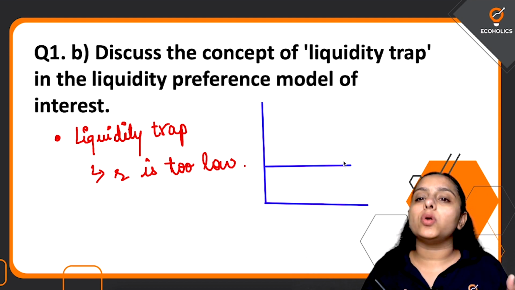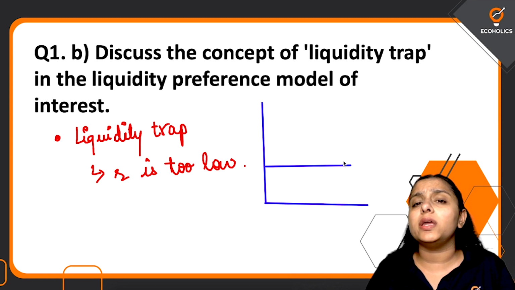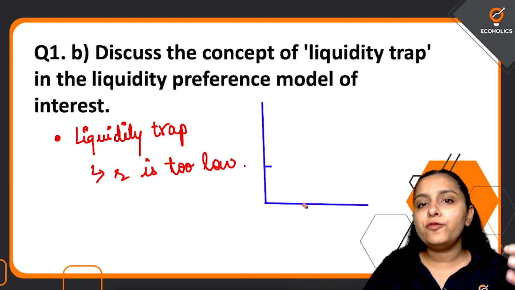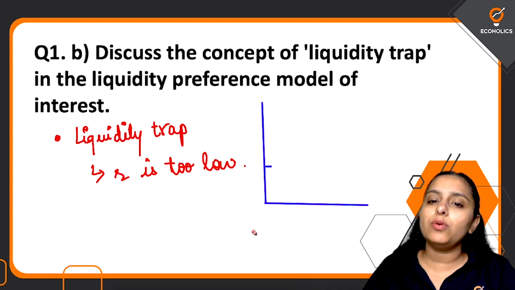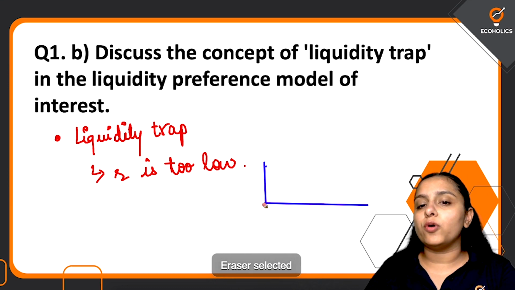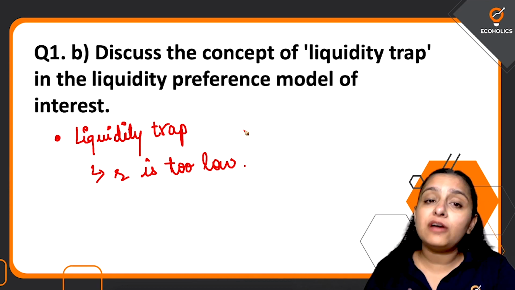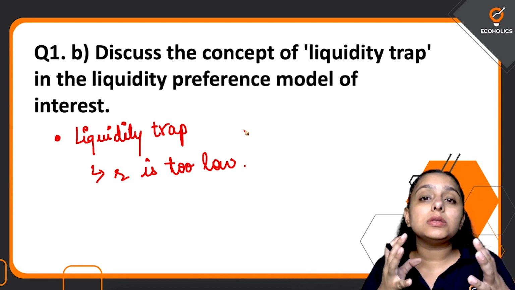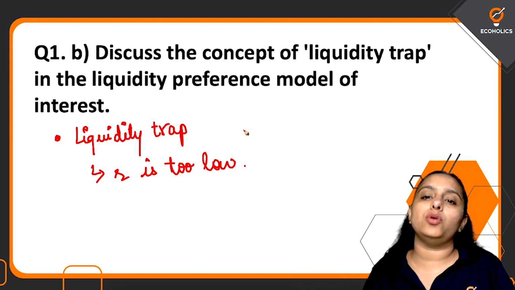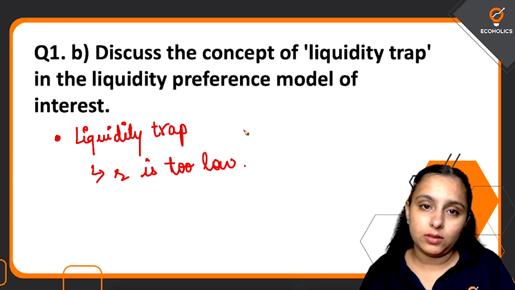It is horizontal only for a while, when your interest rate is low and you are demanding too much money. After that, your money demand starts falling as the interest rate increases. So whenever you draw the money demand curve for your liquidity trap model, draw it horizontal only for a limited range and do not stretch it throughout.